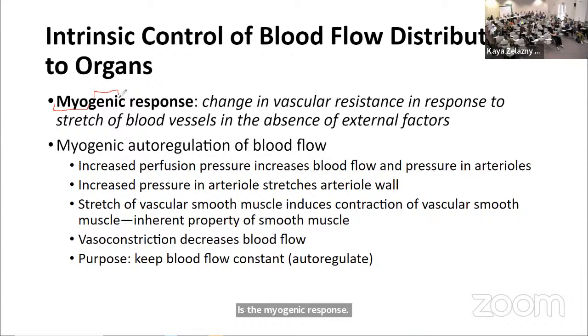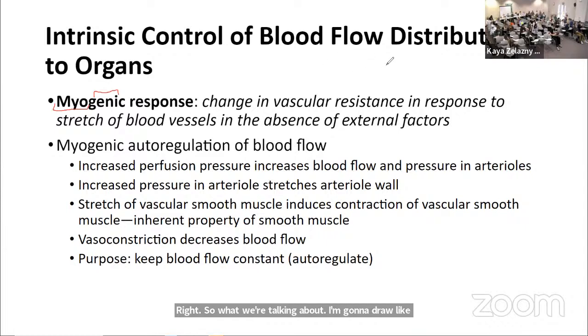So what's happening here is that we have this blood vessel, this arteriole, changing its resistance in response to the stretch that the muscle in the wall of that vessel itself is feeling. So what we're talking about, I'm going to draw us a little cross section through a blood vessel.